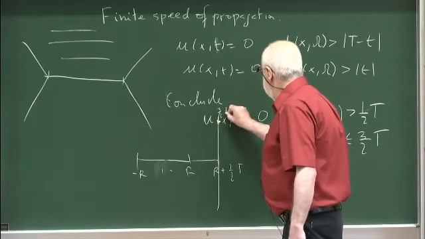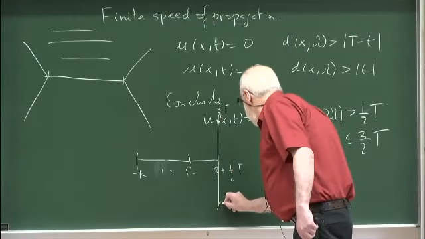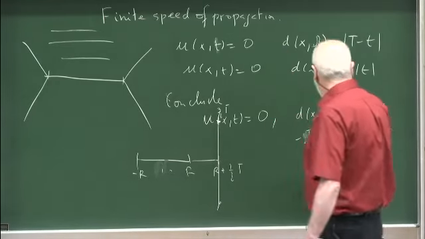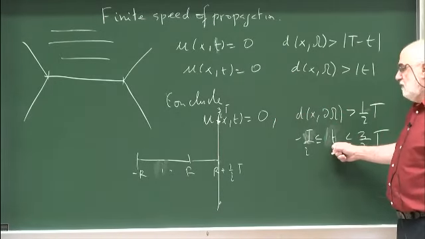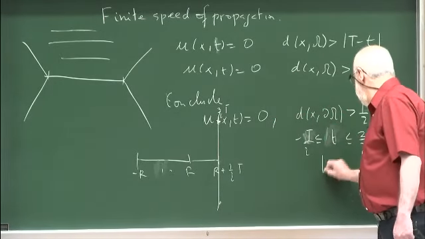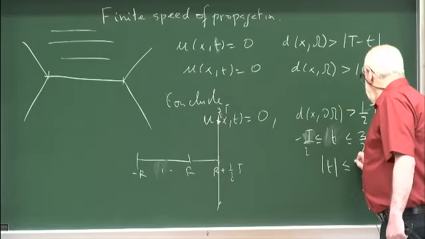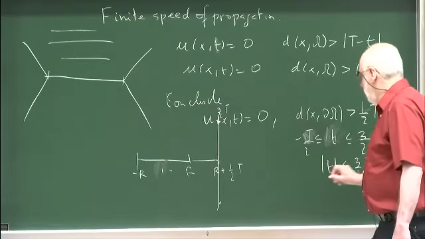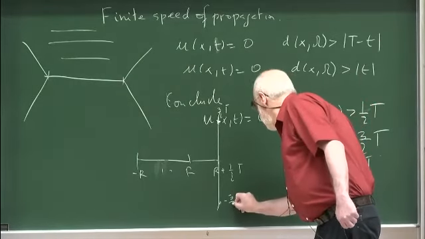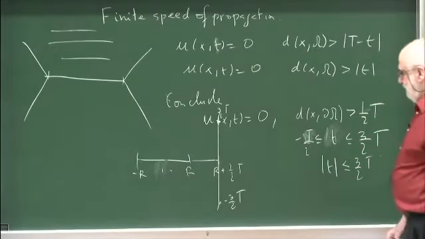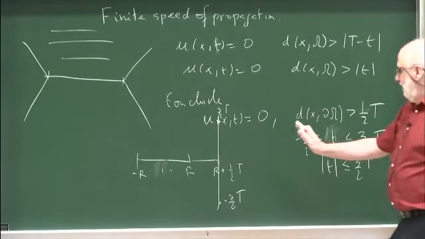for this amount of time. Oh, by the way, since you can reverse time, t to minus t, you have that this is equal to 0 for t less or equal than 3/2 t. So you can go all the way to minus 3/2 t. Okay, so the solution is 0 from here on.